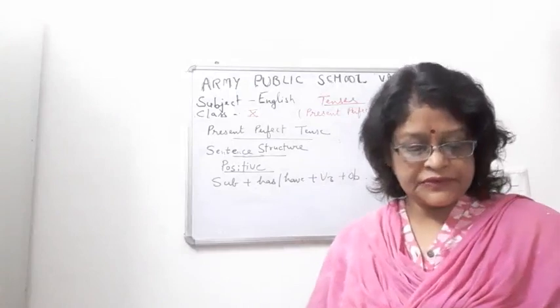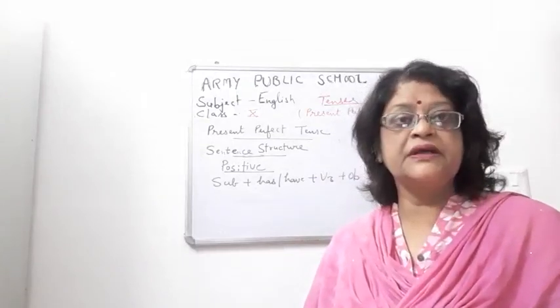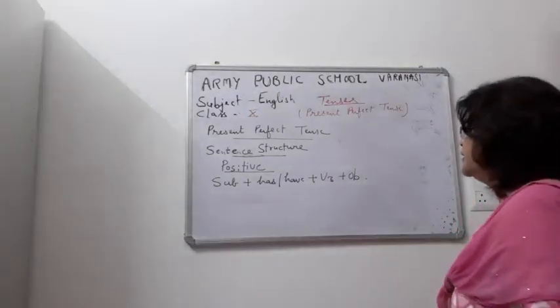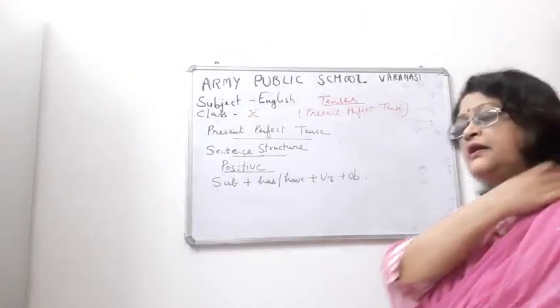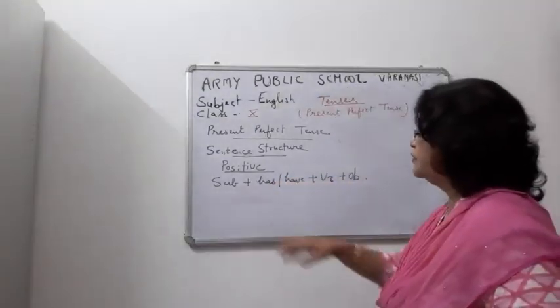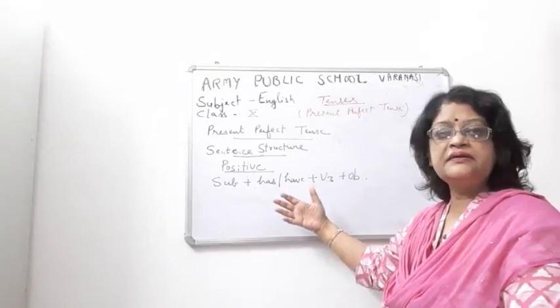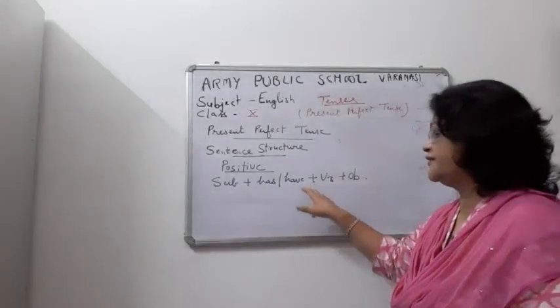Subject plus has or have plus third form of the verb plus object. Now children, in third person singular we use has, but in plural we use have.